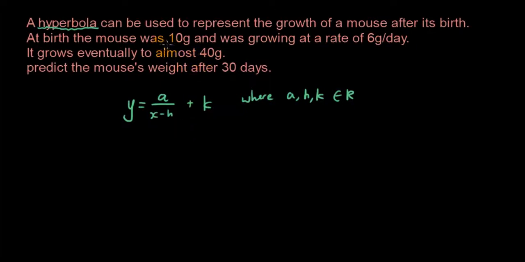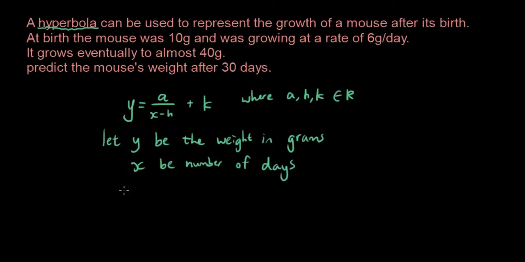Okay, so it says at birth the mouse was 10g and was growing at a rate of 6g per day. So there are two variables here. g obviously is the weight, so let y be the weight in grams and let x be the number of days.